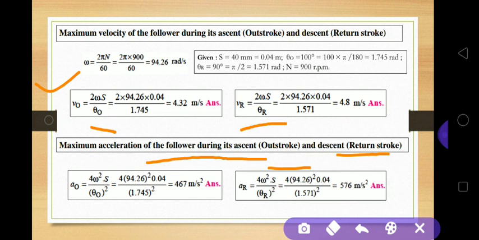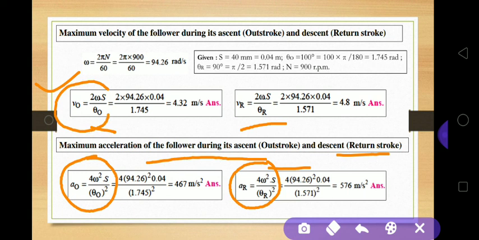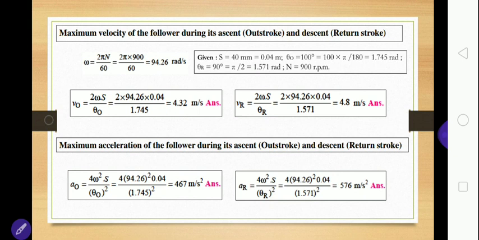These formulas you have to remember; for each and every type of motion these formulas are different. So for uniform velocity, for uniform acceleration and retardation, these are the formulas.